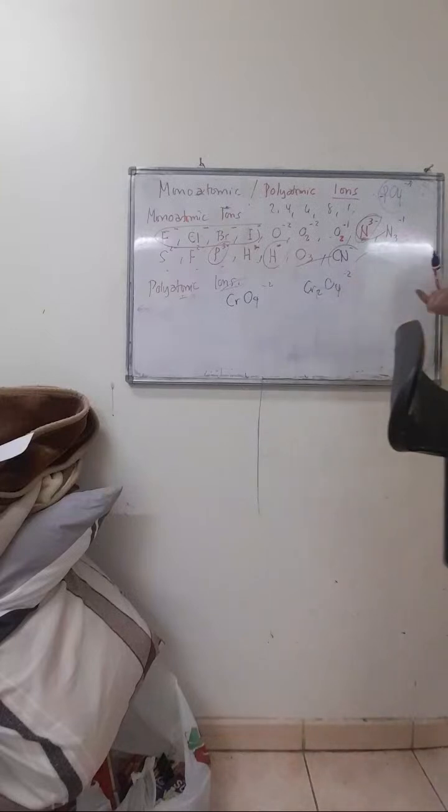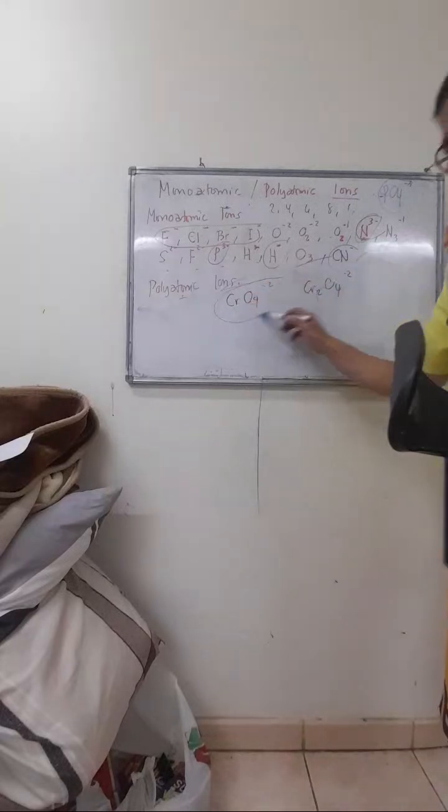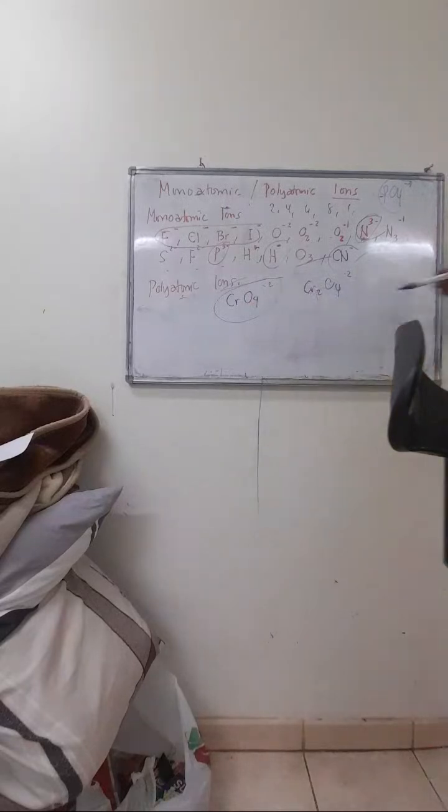But chromate has no 2. I still mix up this formula until now. It's not Cr2O4; that's the version for oxalate. Chromate has no 2 really. And then dichromate has the 2: Cr2O7 negative 2.